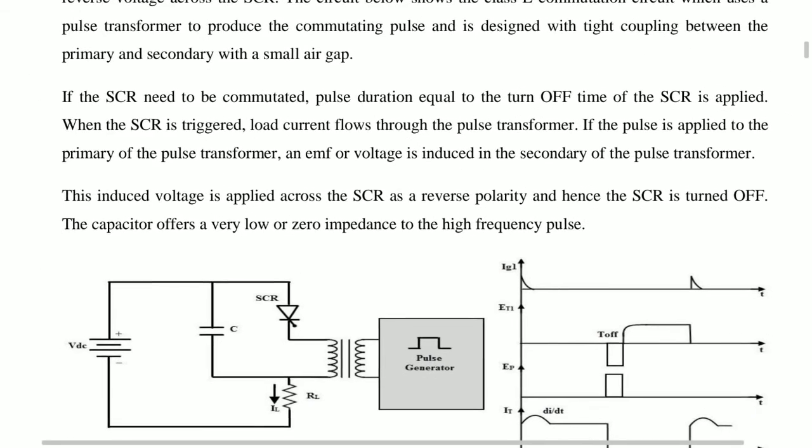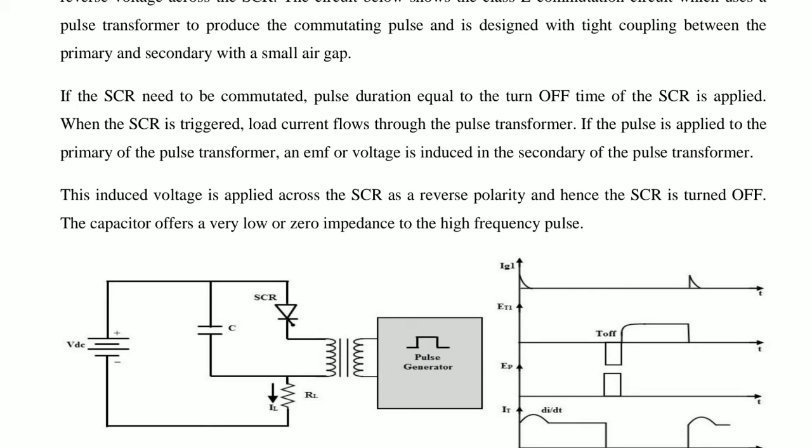The next description is, if the SCR needs to be commutated, a pulse duration equal to the turn off time of the SCR is applied. So to turn off the SCR, we require a pulse duration equal to the turn off time of the SCR. When the SCR is triggered, the load current flows through the pulse transformer.